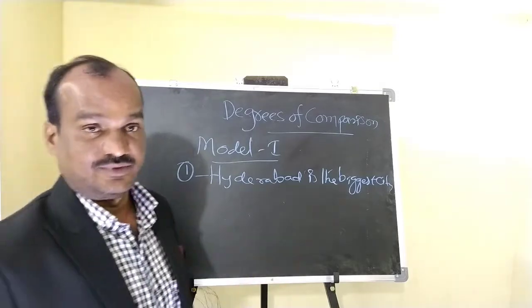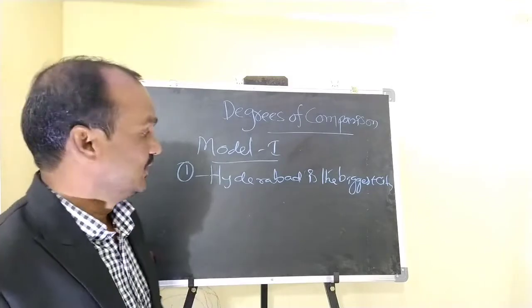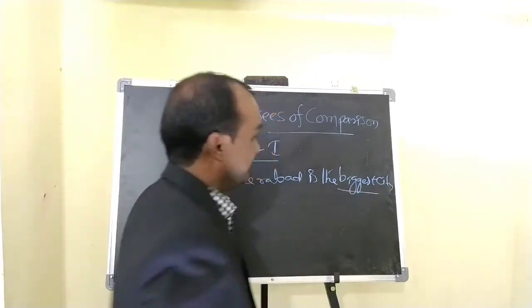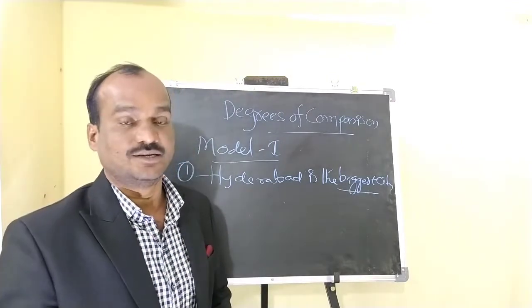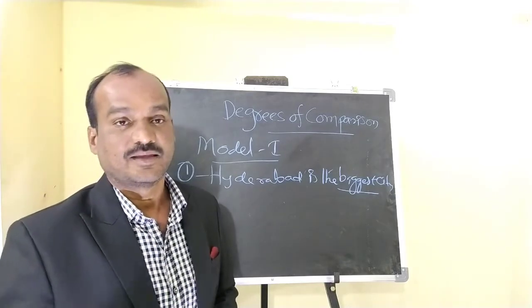How do we ensure what type of degree the given sentence is in? By seeing the form of the adjective, we can easily ensure the given sentence is in superlative degree.